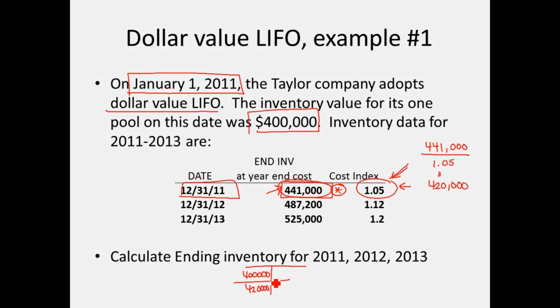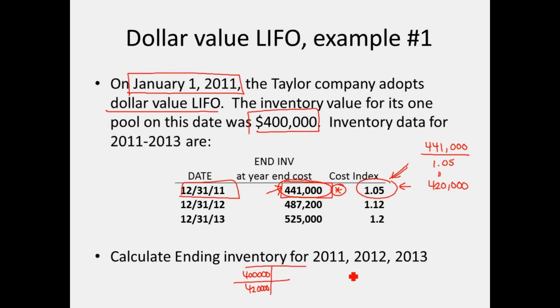I bought 20,000 that I didn't sell. Now I might have bought 1,020,000, okay, and I sold 1,000,000. I might have bought 520,000 and I sold 500, but whatever happened, I purchased another $20,000 worth of inventory this year relative to this base.